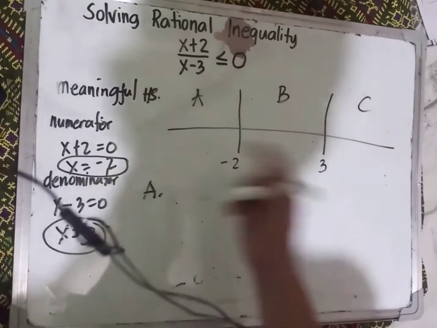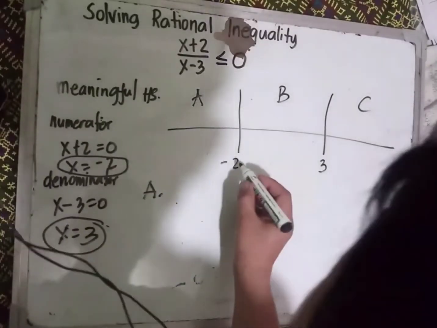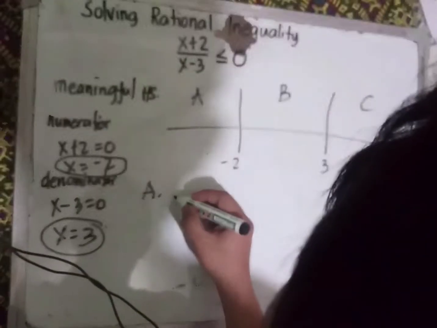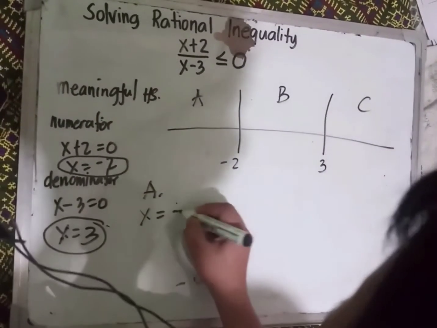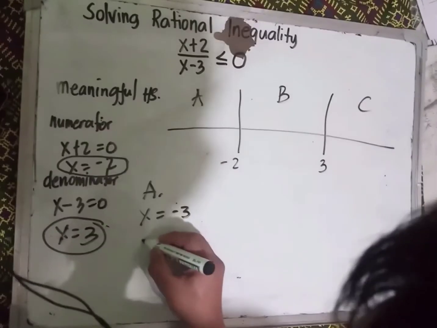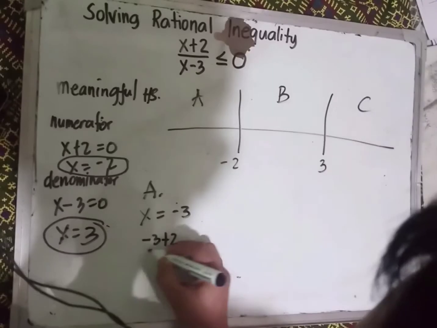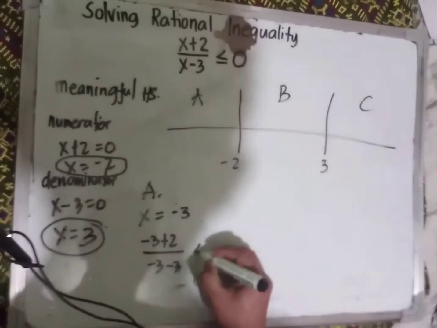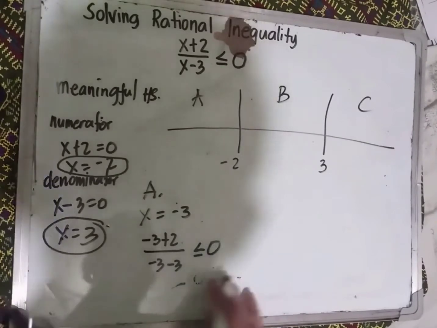When x = -3, we have (-3 + 2)/(-3 - 3) ≤ 0.